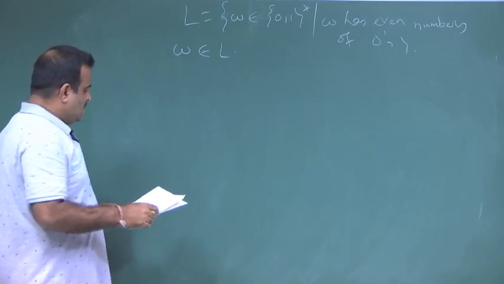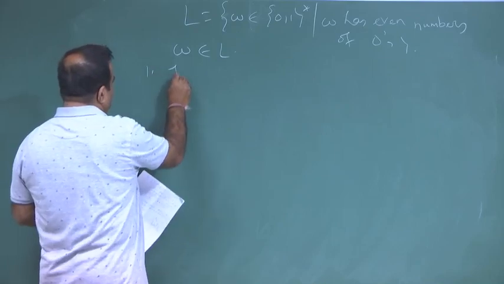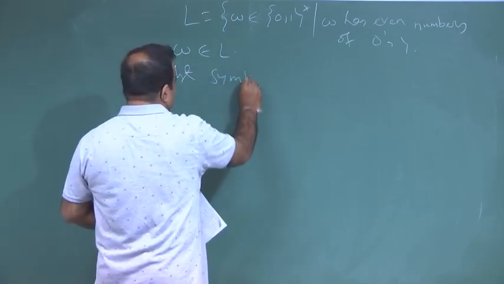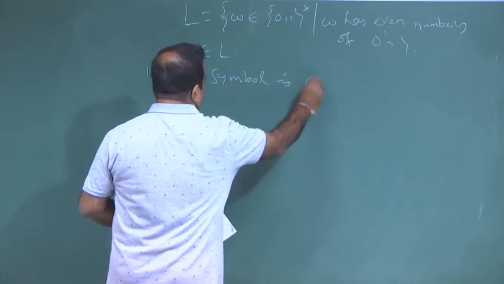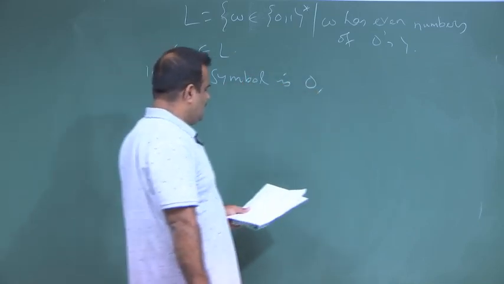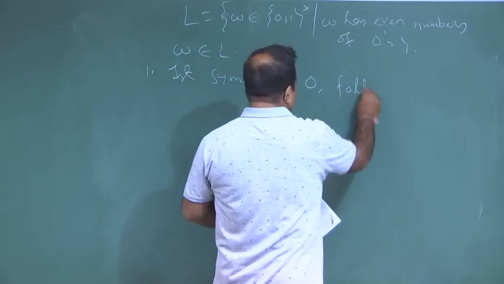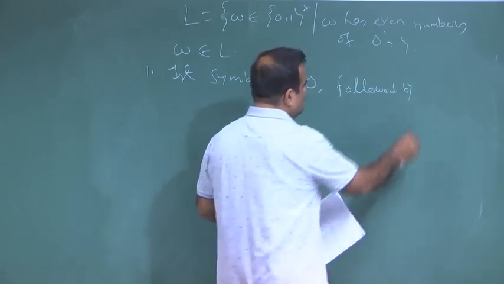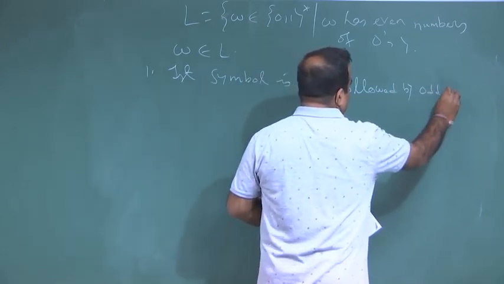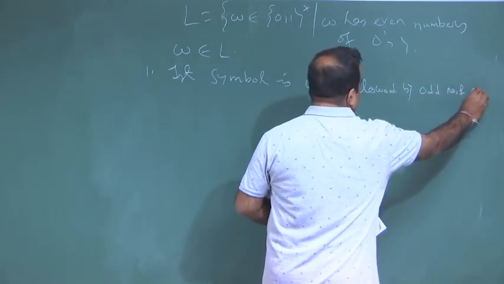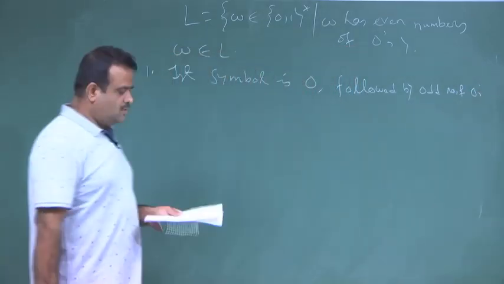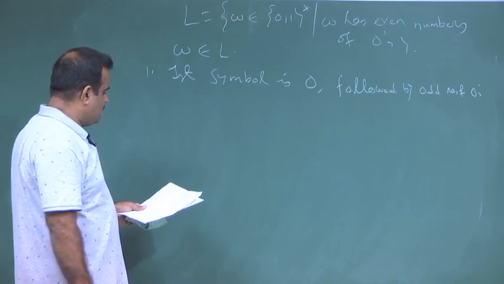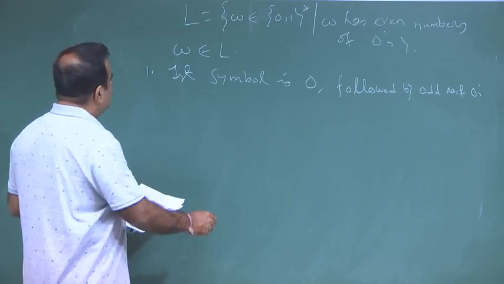First we generate the first symbol 0, then followed by an odd number of zeros, followed by an even number of zeros, like this.